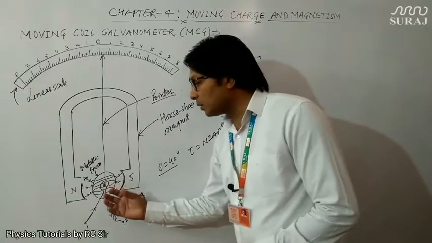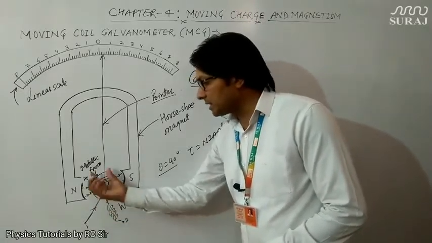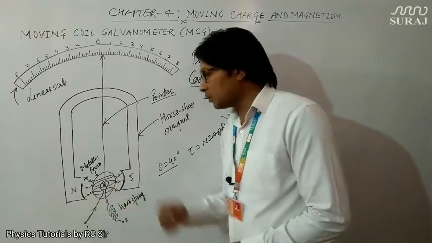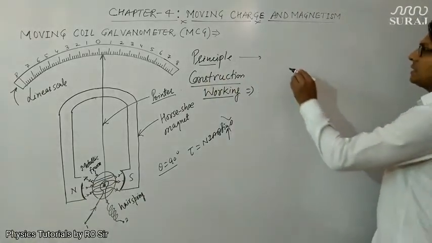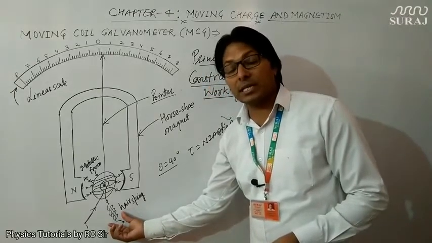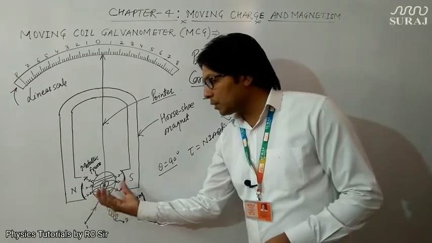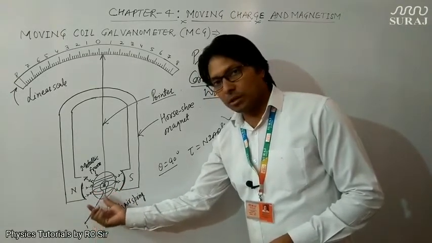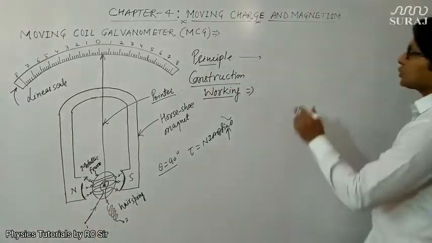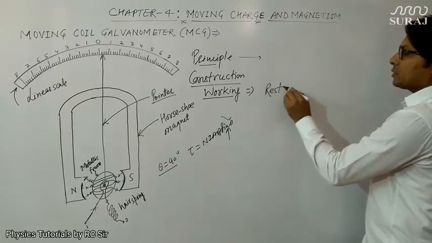And as the coil starts deflecting, these springs which are connected with this coil are twisted. And suppose the angle of deflection is theta, so the restoring torque produced in this spring by the twisting of this coil, due to the torque produced by the current flowing through this coil, is suppose tau.